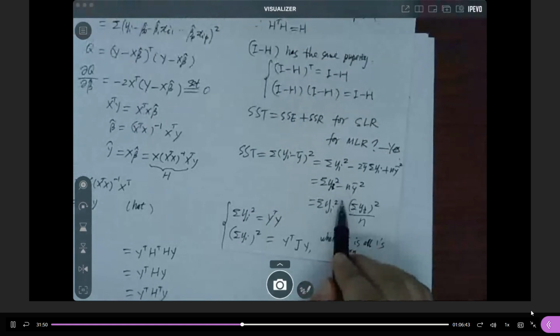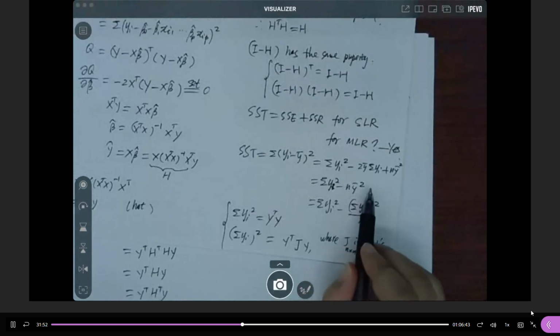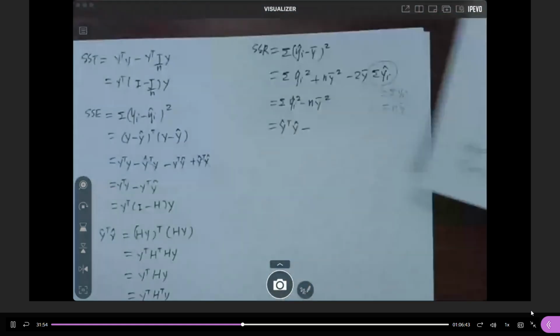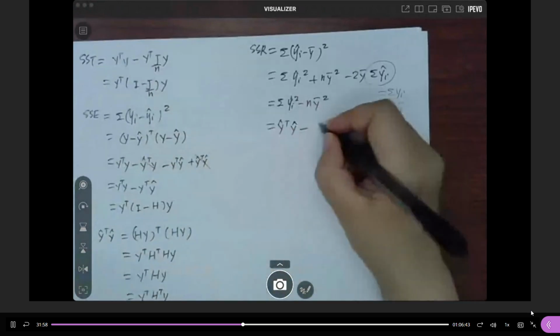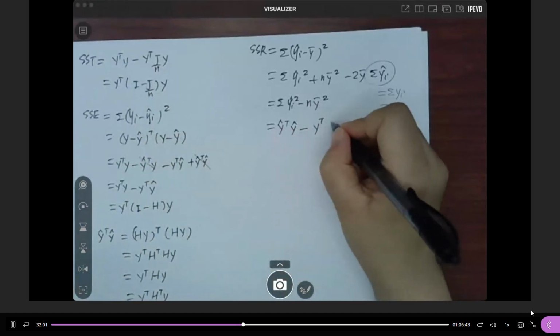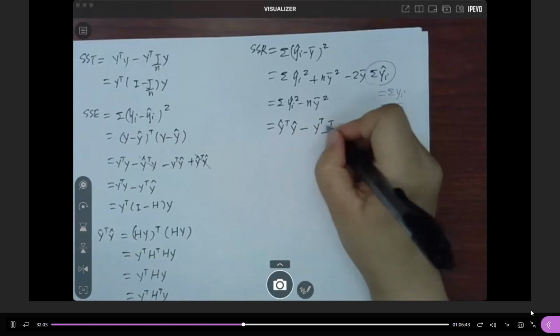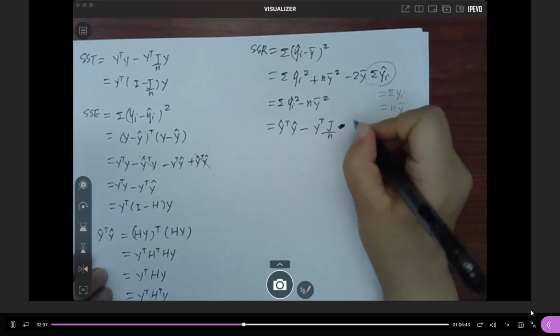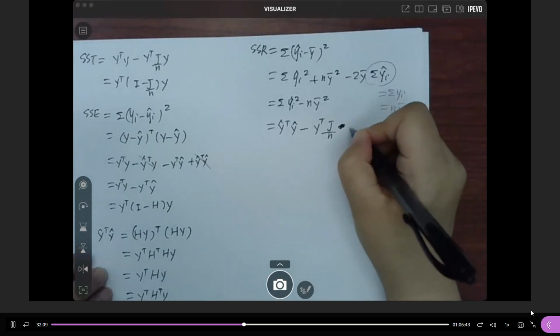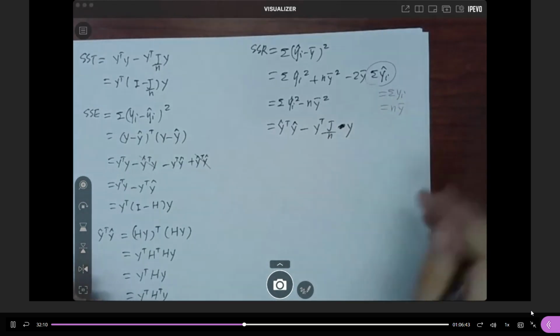So minus n times y bar squared eventually becomes y transpose J_n y. So y transpose matrix J_n y, just y, no bar.